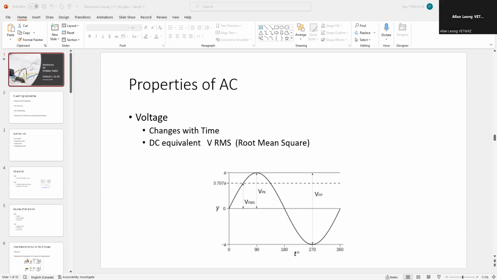But if you now look at the amount where there is no voltage, and flatten this out so it acts more like a DC voltage, it becomes 0.7 of the V peak. This is known as VRMS, or root mean square. This is the value that you're usually measuring on a voltmeter, a VOM, or a digital meter. If you're looking at it on an oscilloscope, you'll get V peak to peak. So that's another difference.